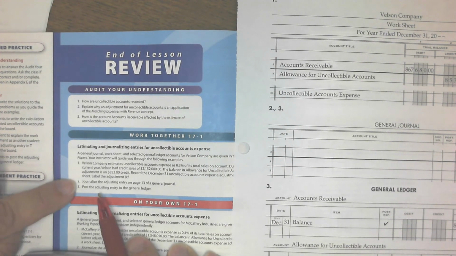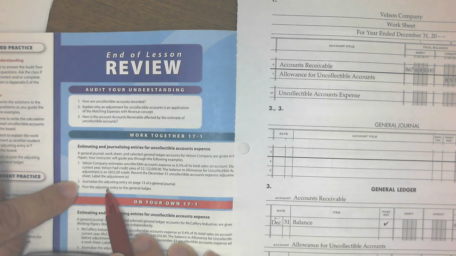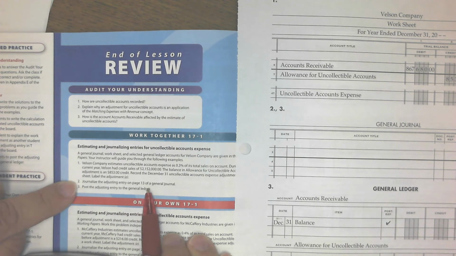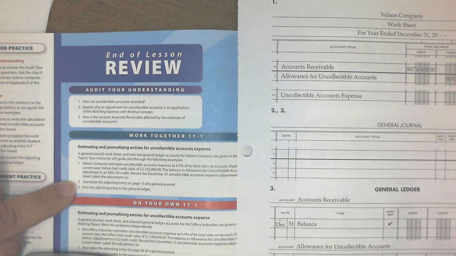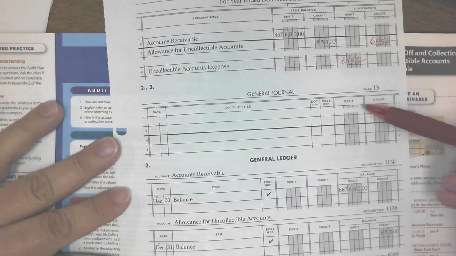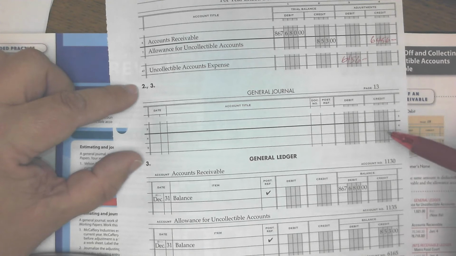So now we've got part 2, journalize the adjusting entry on page 13 of a general journal. That's what your next section here is, an example of a general journal.